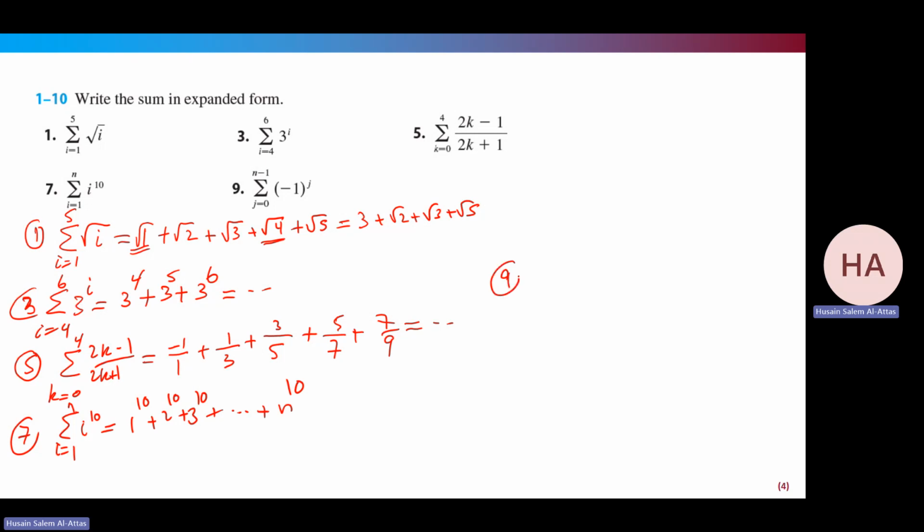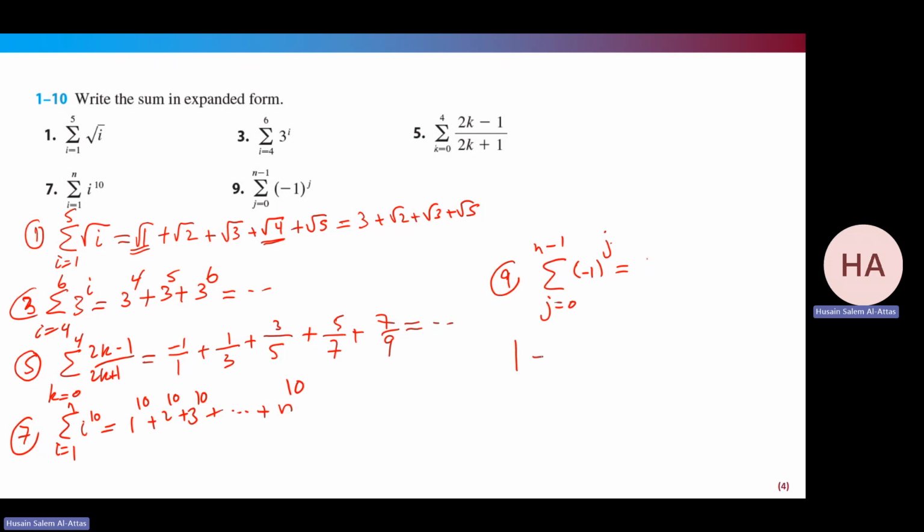9, last one. Summation j equals 0 to n minus 1, of minus 1 to the power j. When j equals 0, minus 1 to the power 0, that is 1. Let me write it here. That will be 1.